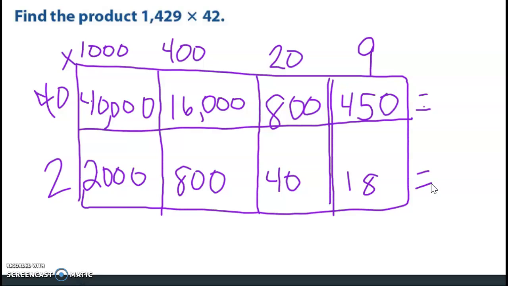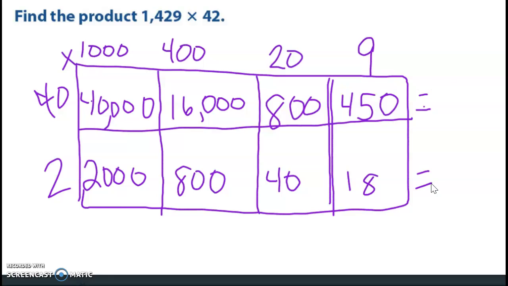So I know that 40 plus 16,000 plus 800 plus 360, so I'm looking at my numbers first. So 40 plus 16,000 plus 800 plus 360.